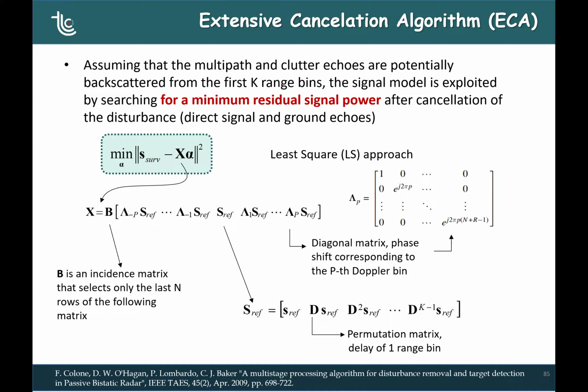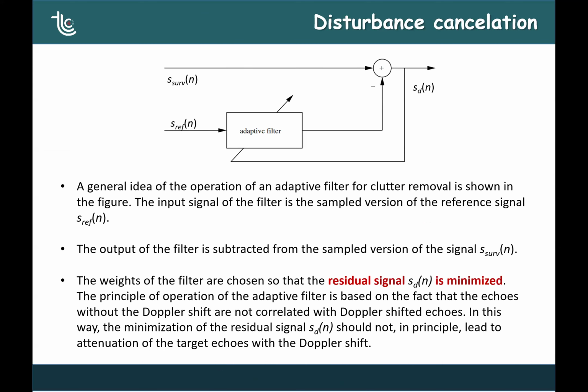We will see how this matrix X is built. So X times alpha, of course, is a vector.